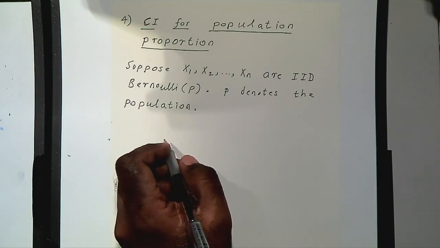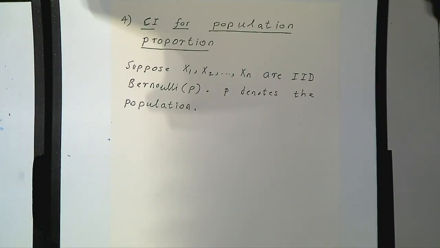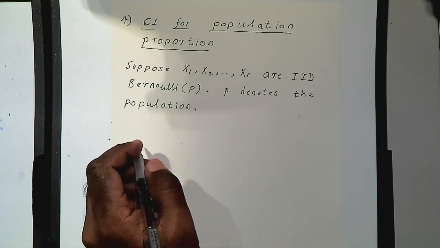Now, the thing here is the Bernoulli distribution does not have a simple form. I mean, it has a simple form, but it's not easy to work out the sampling distribution, right? So what I'm going to do is the following.